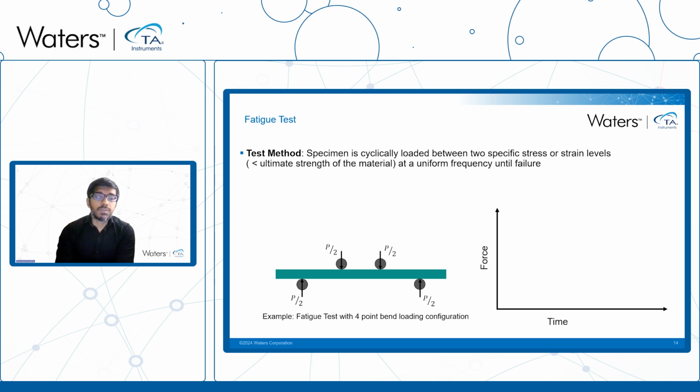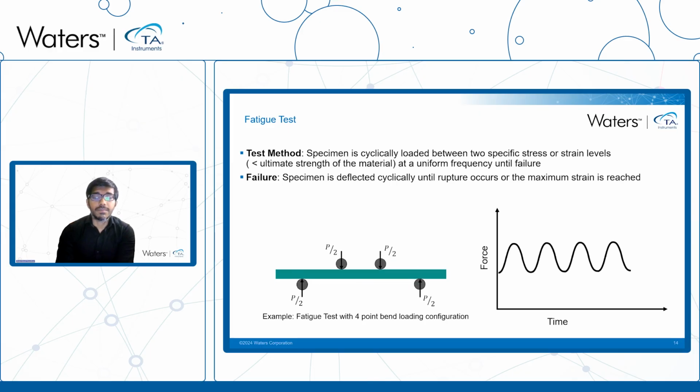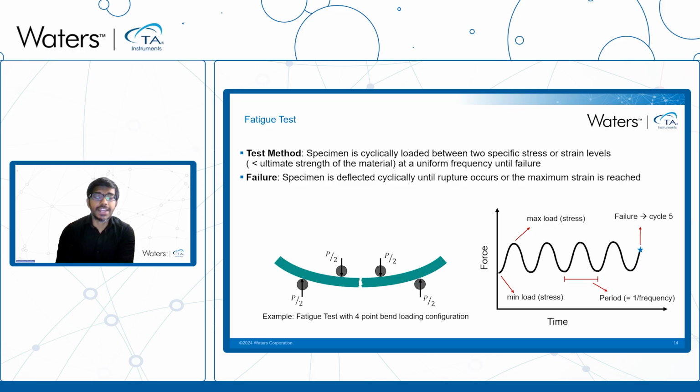Stress is applied on this specimen in a cyclic manner utilizing a sinusoidal waveform, and it is cyclically loaded until the material completely breaks and experiences global failure. The total number of cycles it survives is recorded, which introduces the concept of fatigue life.